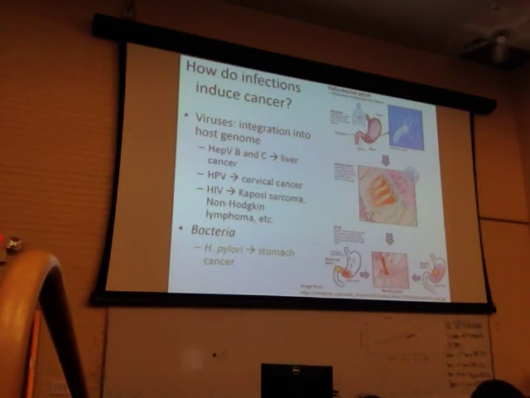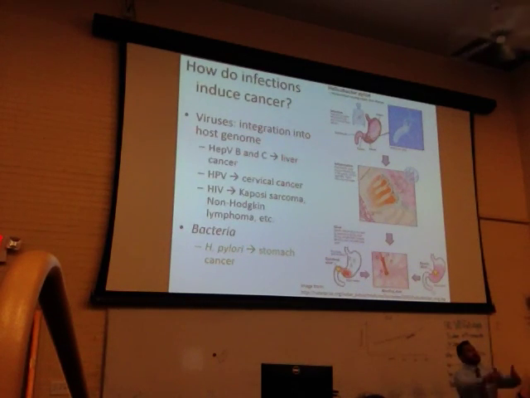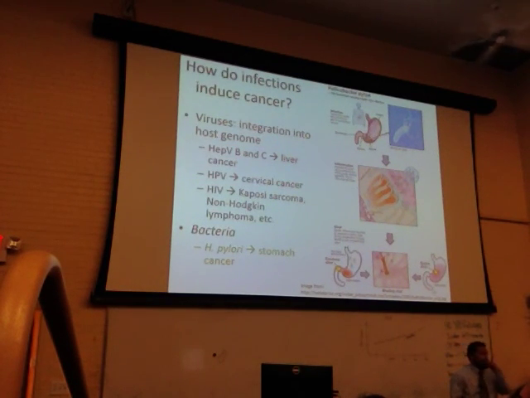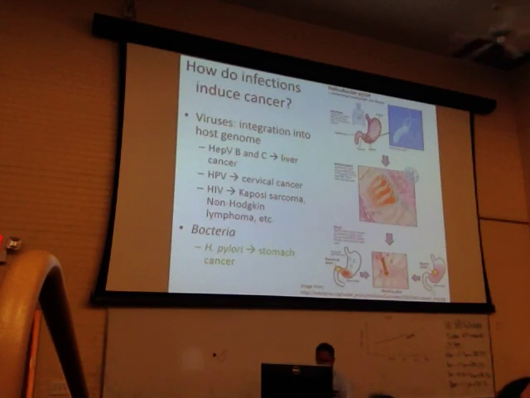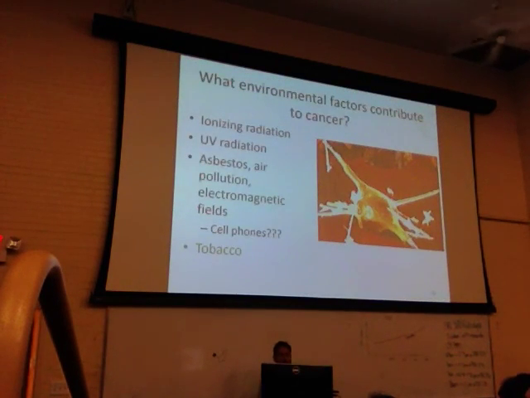This is a bacterial infection that increases the risk of a peptic ulcer from taking place, and that ulcer is a non-healing wound that's inflamed, and that can lead to a mutation in the DNA and cause stomach cancer. Okay? So cancer is not something that you can catch, but it is definitely something that we're at risk for if we have long-term exposure to these things.